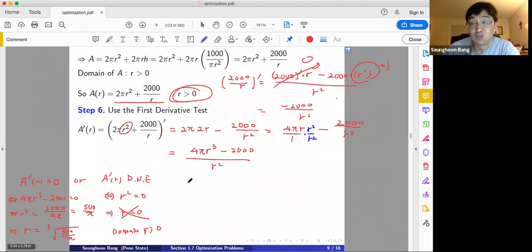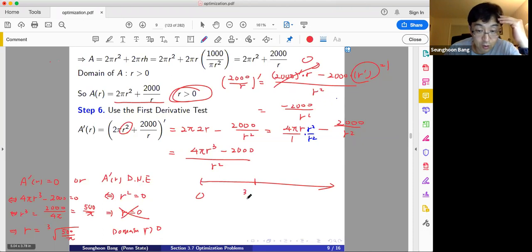Next, you can check whether we have an absolute minimum at the cube root of 500 over pi or not. How can you know that? You draw the domain from 0 to infinity and plot the cube root of 500 over pi. Check whether A prime of r is positive or negative.